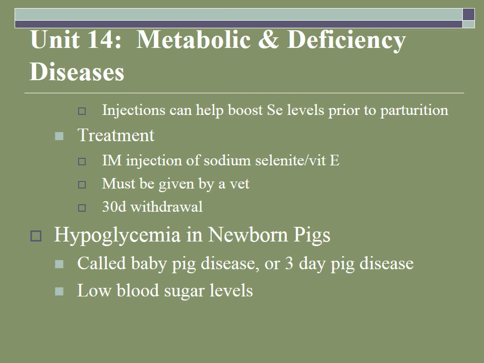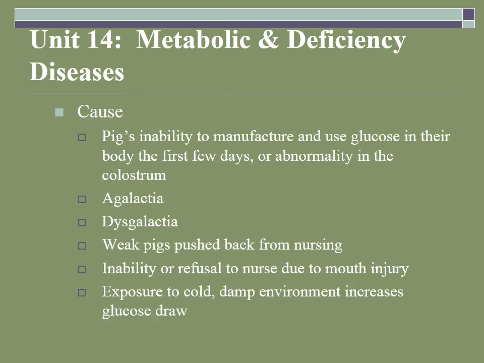When you talk about the next disease coming along here, it's hypoglycemia in newborn pigs. Not exactly the same thing as ketosis earlier, but it's similar in effect, and what it's caused by is low blood glucose levels. So basically, you have a pig that has an inability to manufacture or use glucose on their own the first few days, or maybe an abnormality in the colostrum.